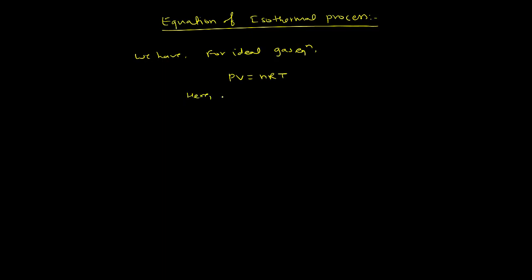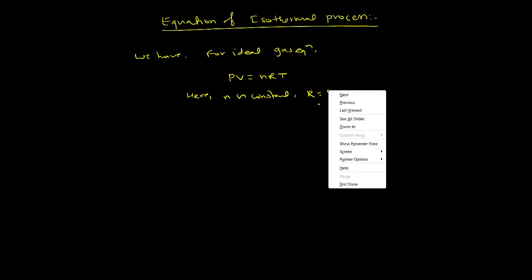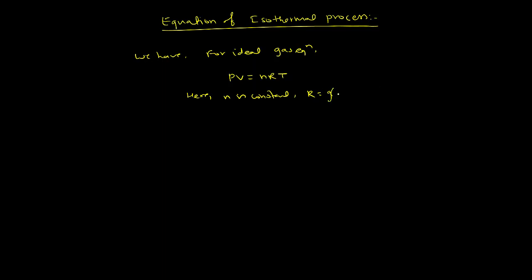Here n is constant, R is the gas constant, and temperature is also constant for isothermal process, so that PV is equal to constant. PV equal to constant.